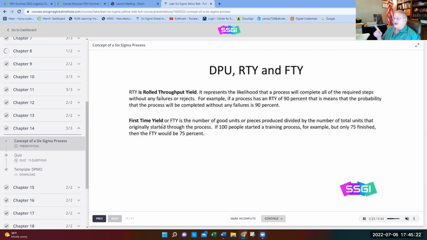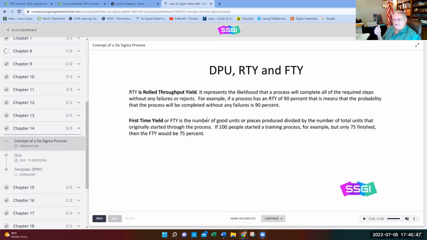And then a first time yield is the number of goods or pieces produced divided by the number of total units that originally started through the process. So if 100 people started a training process, you know, it's New Year's Eve, everybody's starting Weight Watchers or whatever the next day, but only 75 finished, then the first time yield would be 75%.